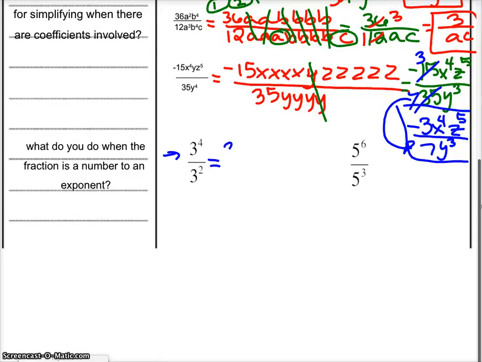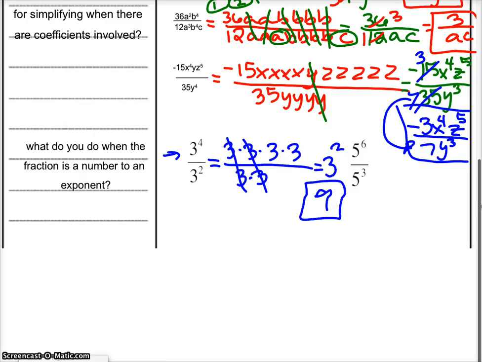Expand them out. I have 4 3's. I have 2 3's. Cross, cross. I'm left with 3 squared. What's 3 squared? 3 times 3 is 9.